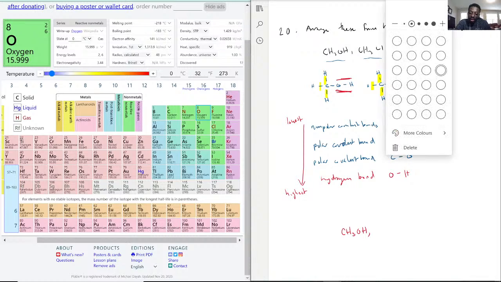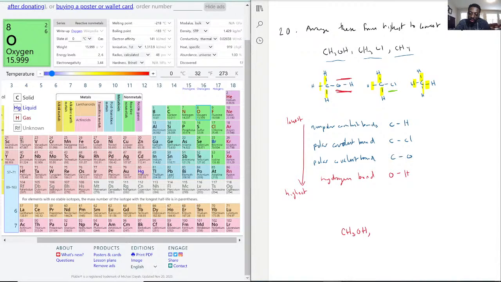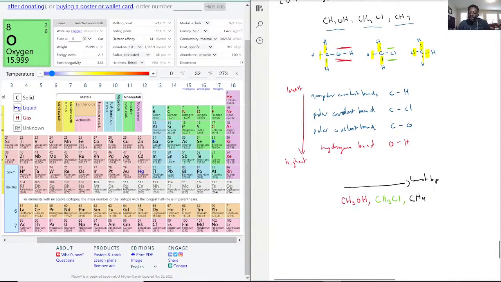So next we have CH3Cl, and the last one would just be CH4. That's from highest to lowest boiling point. It was already arranged for us, but this explains why.